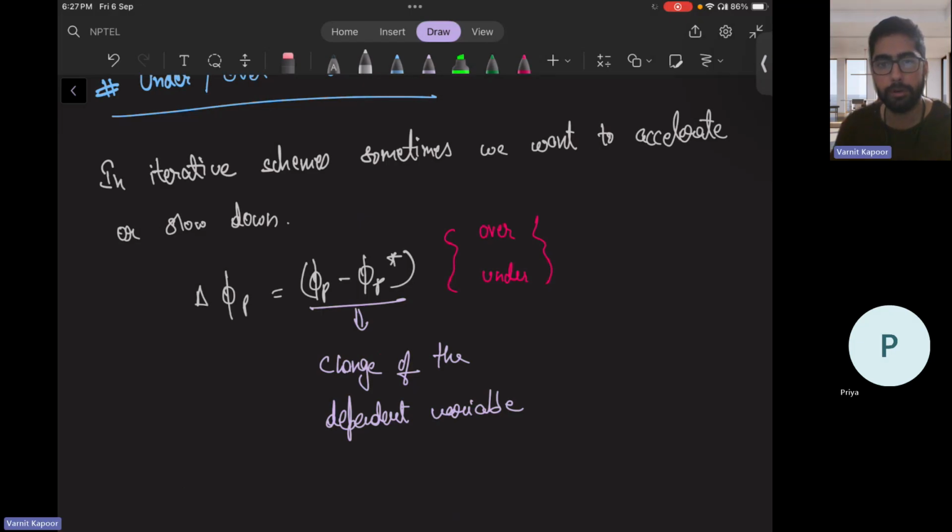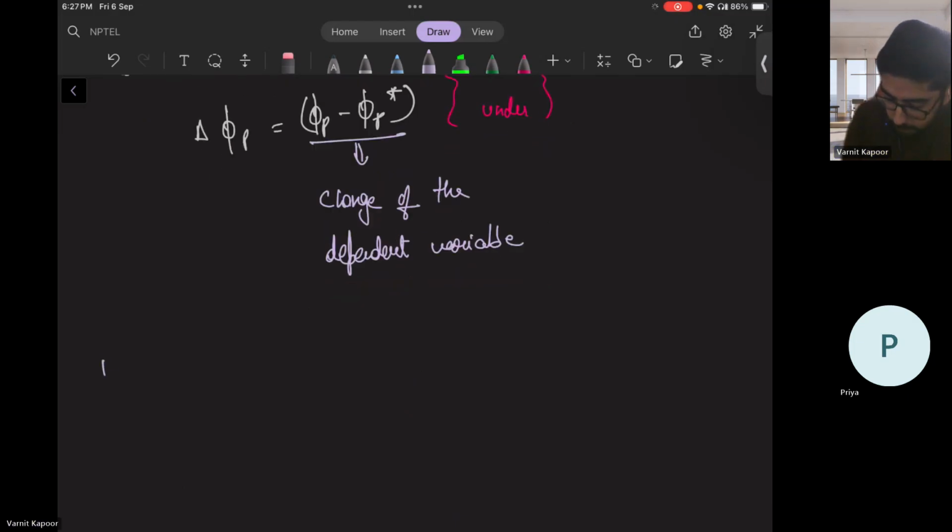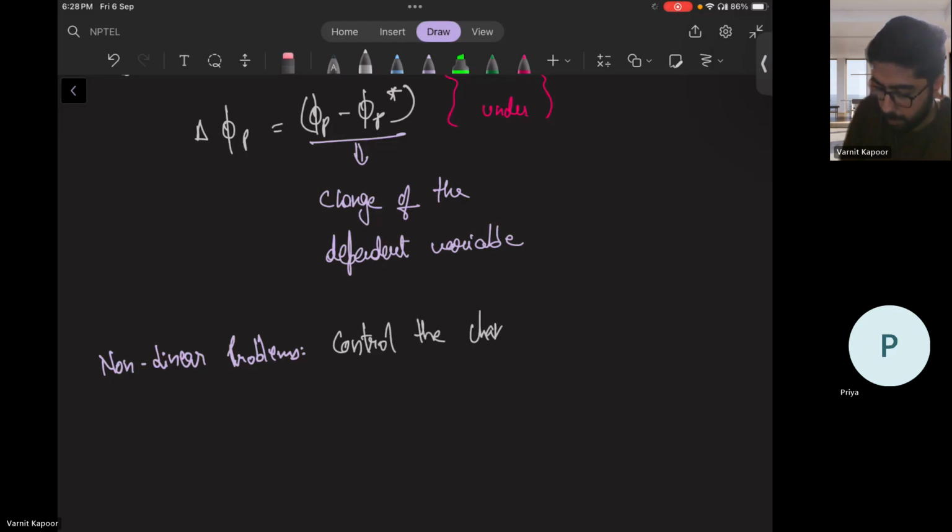And in nonlinear problems, to control the change of phi from iteration to iteration, we do something like Gauss-Seidel successive over relaxation, okay, or under relaxation as well.